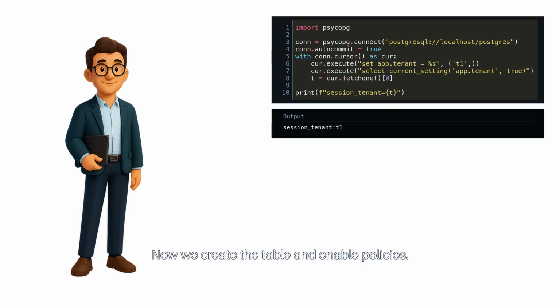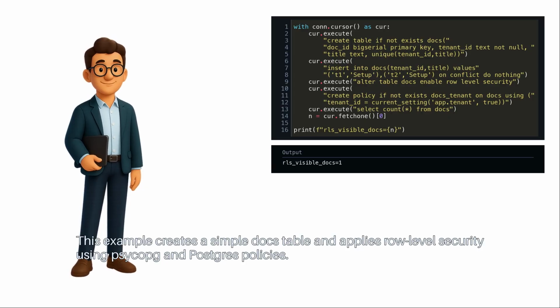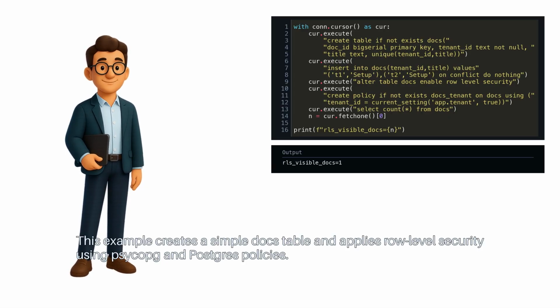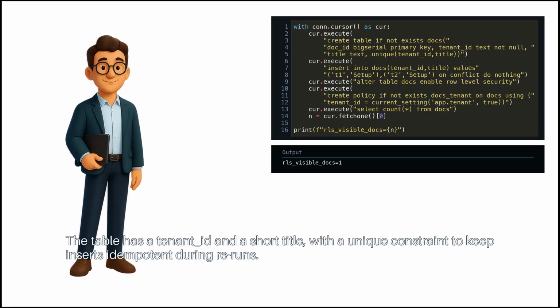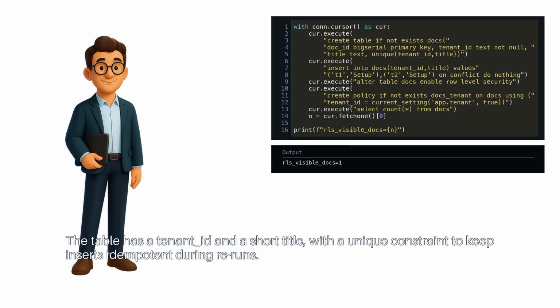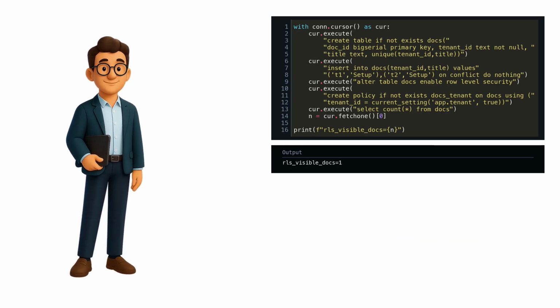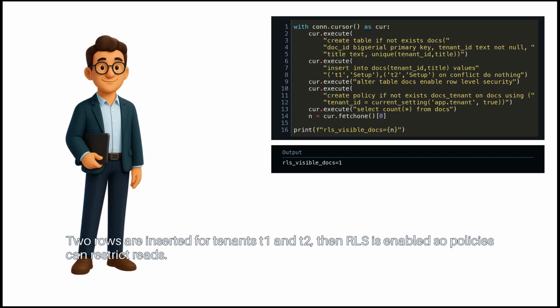Now we create the table and enable policies. This example creates a simple docs table and applies row-level security using psycopg and Postgres policies. The table has a tenant ID and a short title, with a unique constraint to keep inserts idempotent during reruns. Two rows are inserted for tenants T1 and T2.